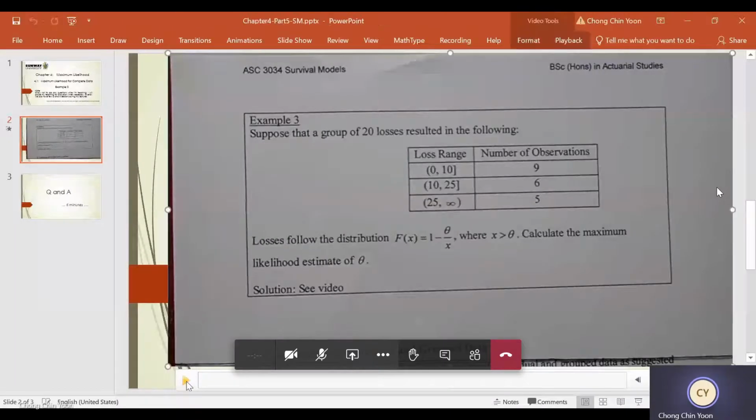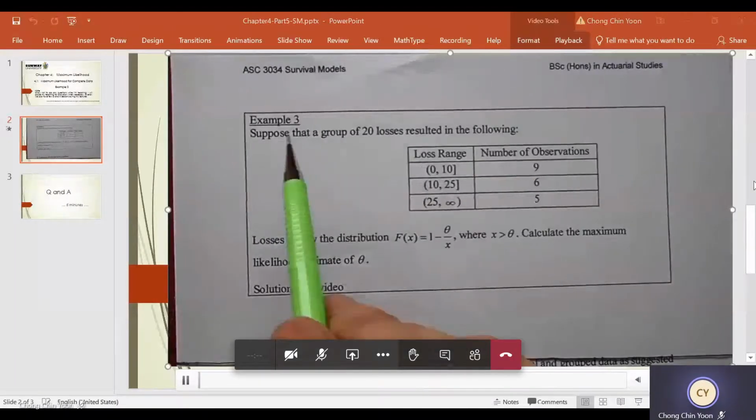In example 3, you can see this question involves group data. So we try to form the likelihood function, and after that we try to estimate theta. Example 3.